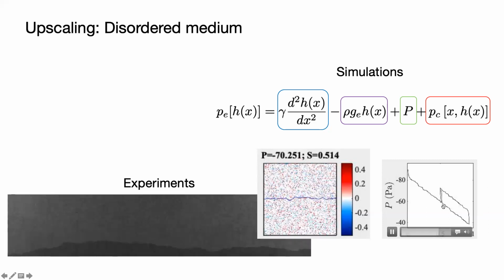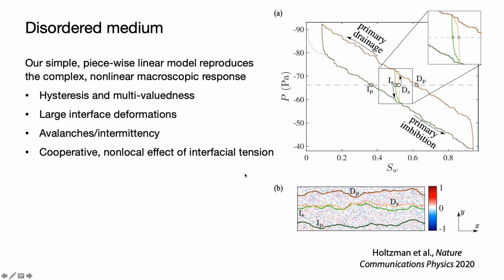And we can also investigate the return point memory property. So you see we do this inner loop. So you get from this very simple stepwise linear model all this complex behavior, the avalanches and everything. So we get this complex nonlinear response, hysteresis, obviously, multivaluedness, so this is imbibition and drainage.